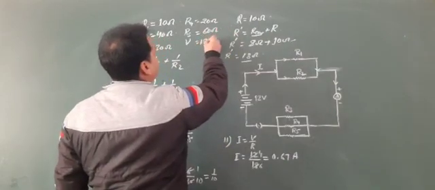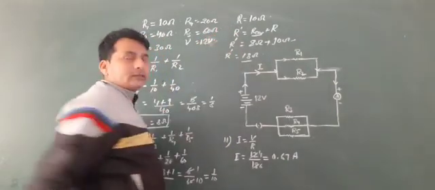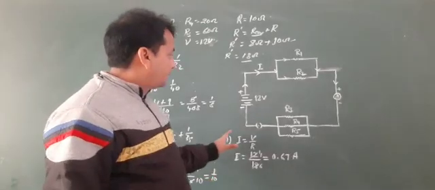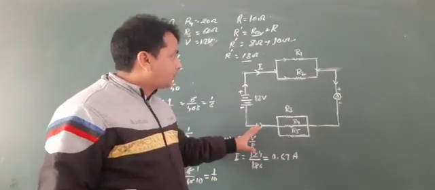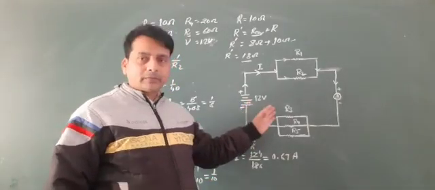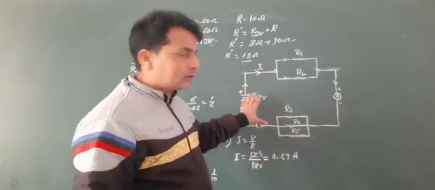So first of all, we find the equivalent resistance in the circuit diagram.